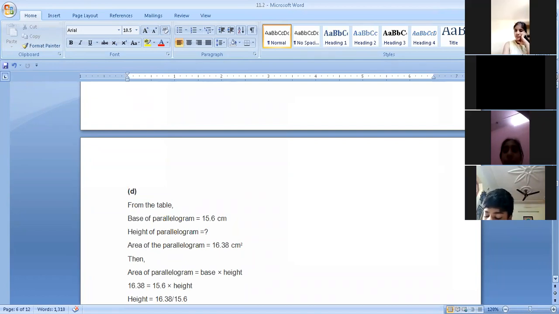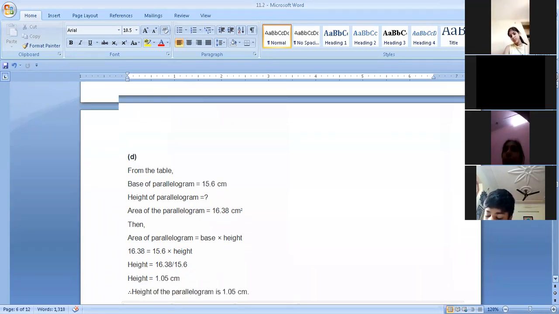Astha, to the next part. Haryanshi, right. Jia, right. Done, children? 1.05 centimeter is the correct answer.